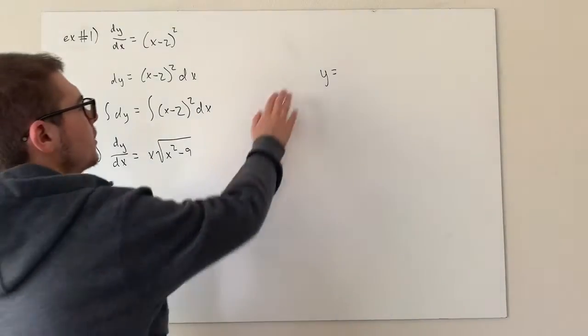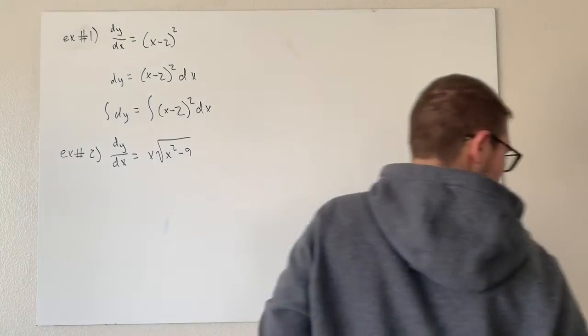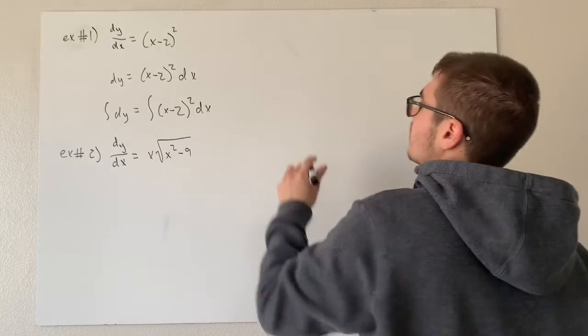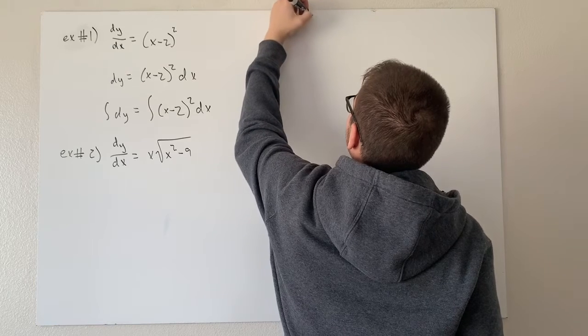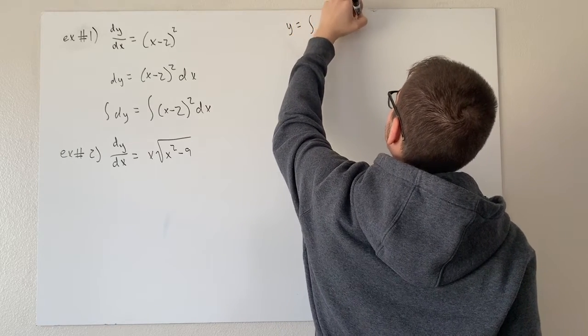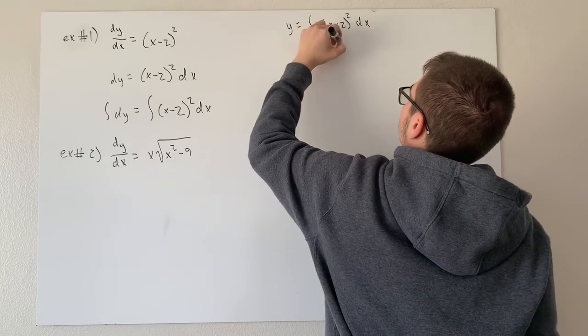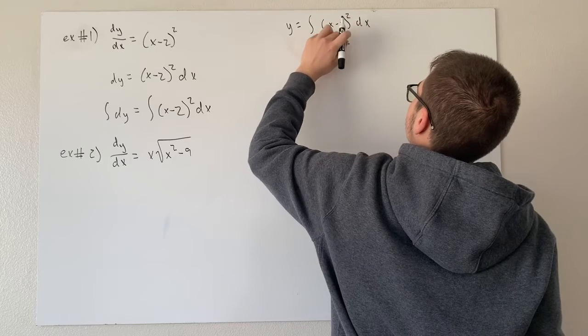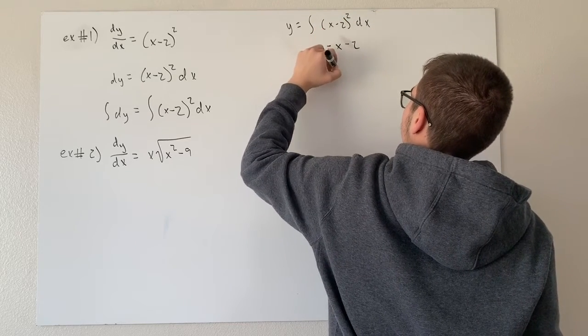Let me go over here and write this down. I need more room. So we know this left-hand side just turns into y, and that equals the integral of (x minus 2) squared dx. Well, this is just a u-sub. u equals x minus 2, du equals 1 dx.